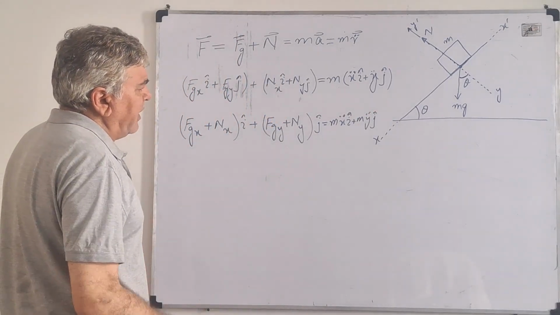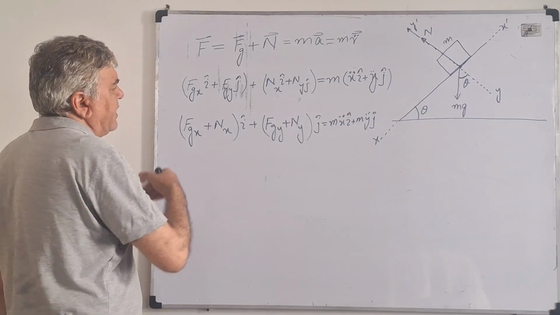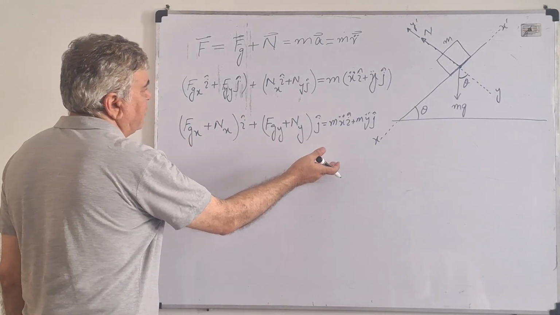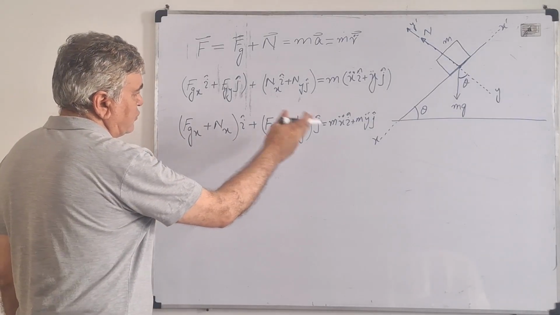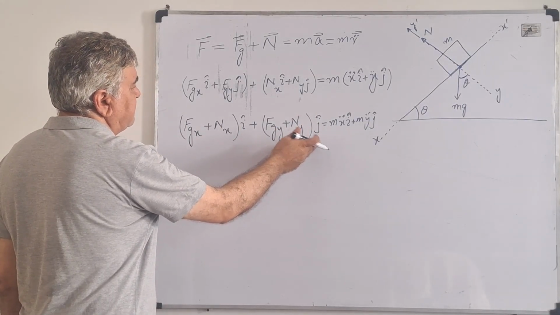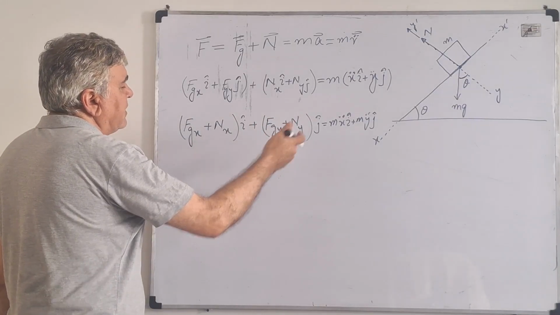Now I can compare the x and y components, or I can first project this equation to the x component by multiplying scalarly with i, and then projecting this to the y-axis by multiplying scalarly with j.